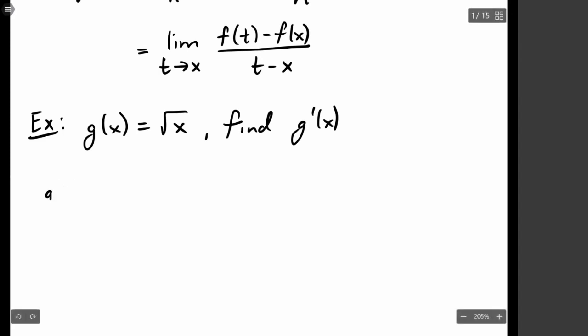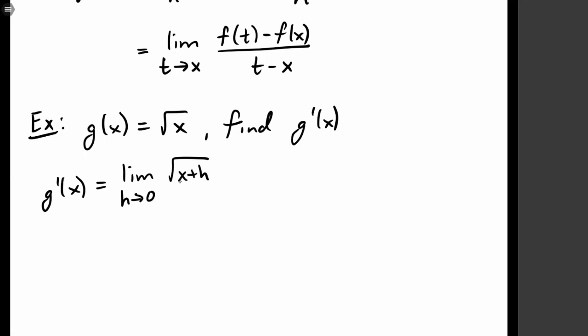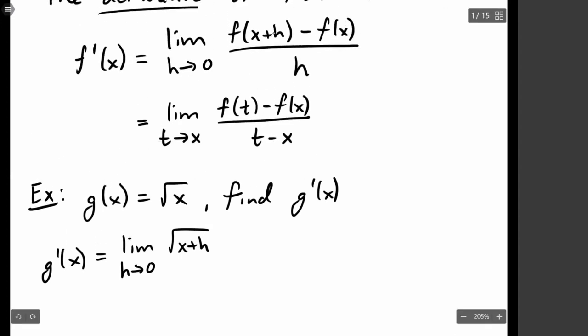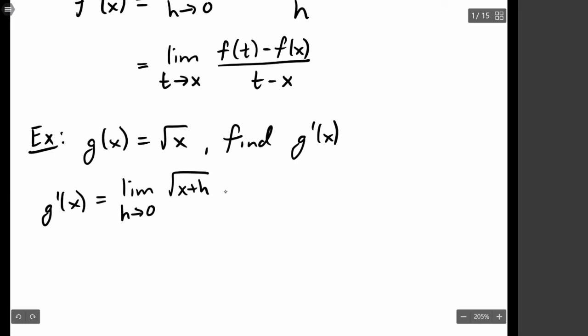So, g prime of x, this is going to be the limit as h approaches 0 of square root of x plus h. Alright, because here we're just plugging x plus h into g. Right, so we're just computing this term here. Minus g of x, so minus square root of x, all over h.